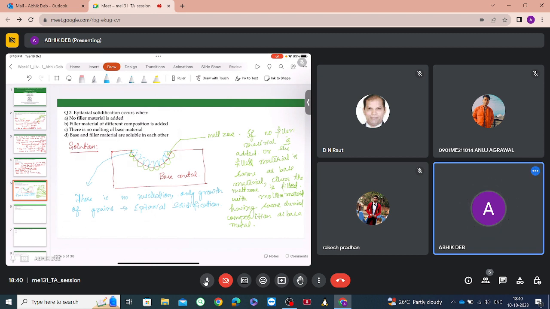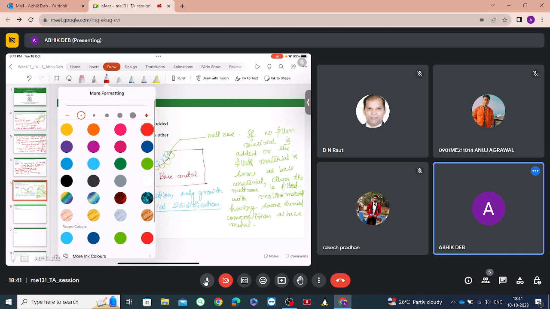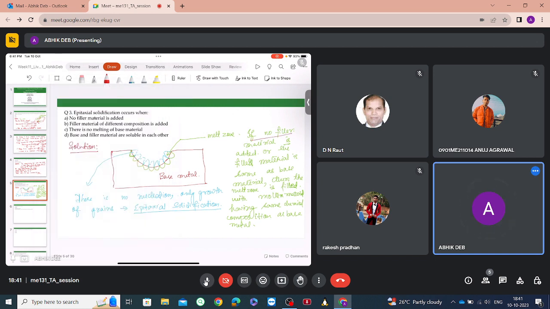As a result, this kind of growth of the grains from the existing grains at the boundary of the melt zone will not be possible. So epitaxial solidification is possible only when this is happening.